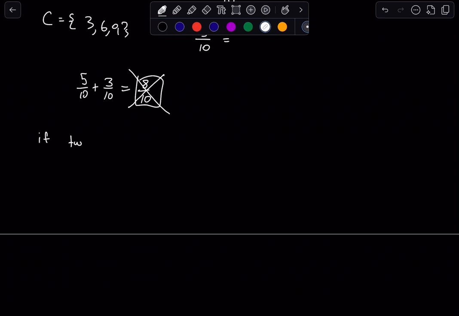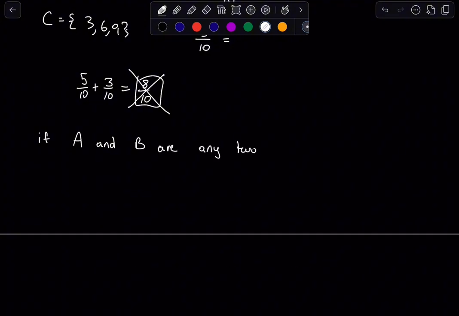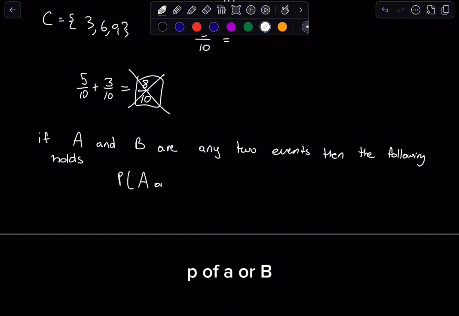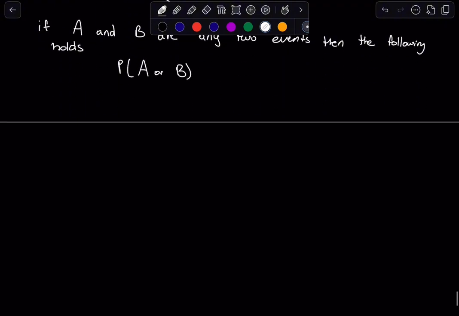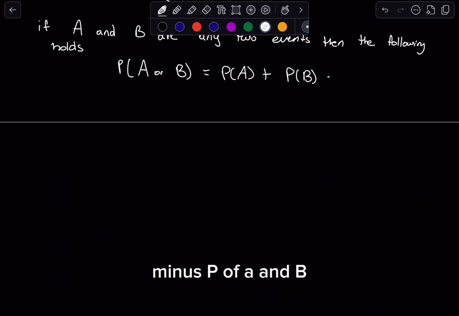If A and B are any two events, then the following holds. P of A or B is going to be equal to P of A plus P of B minus P of A and B.